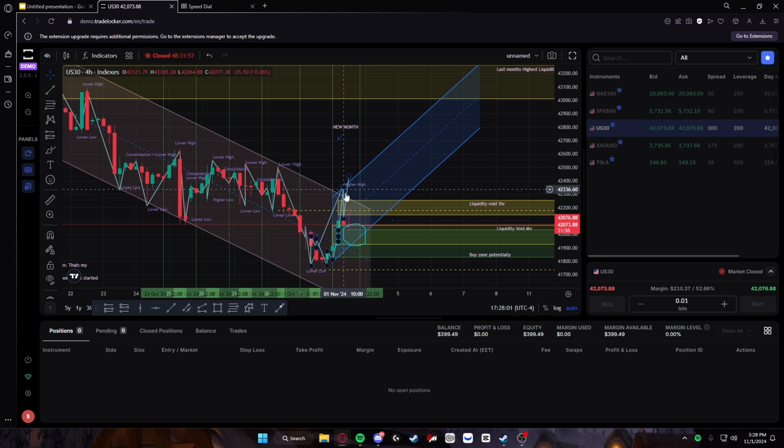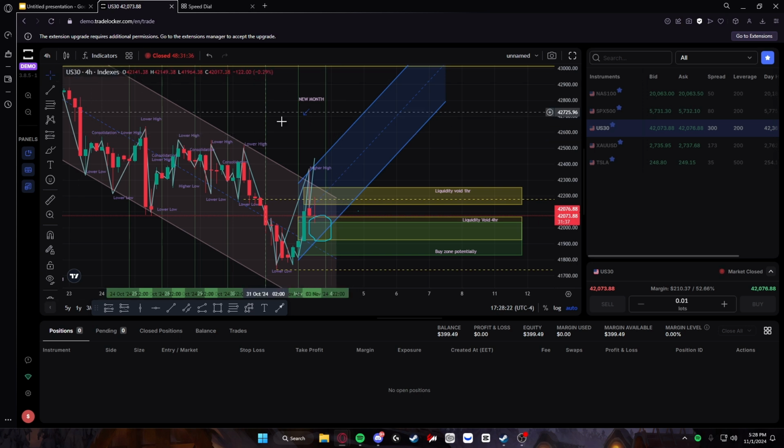Right here, structure broke. It broke the lower low. That could start a new trend. That's why I have this channel line marked here, and it does meet the channel line. It touches the top, it's going down right now, and it's going to go up again. So that's pretty much all I did for the 4 hour.